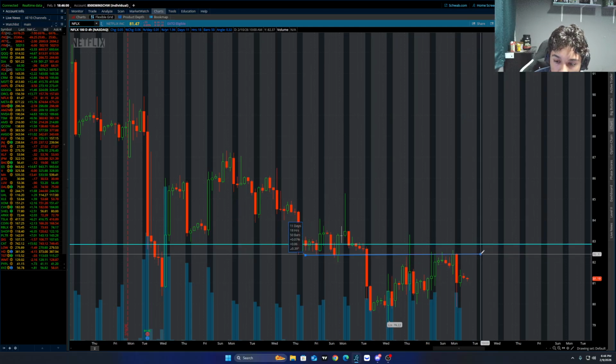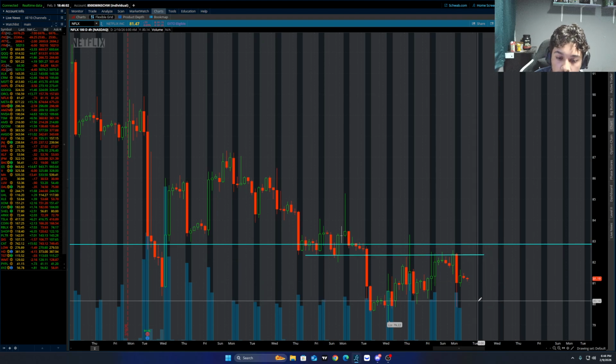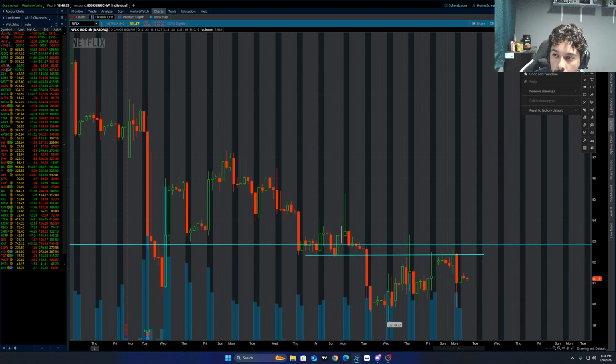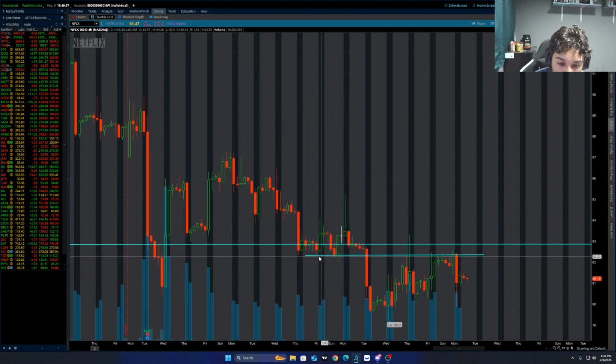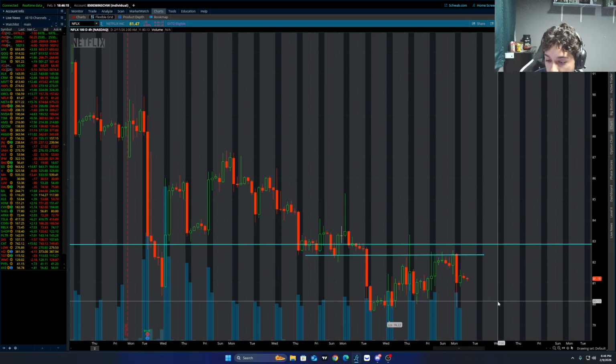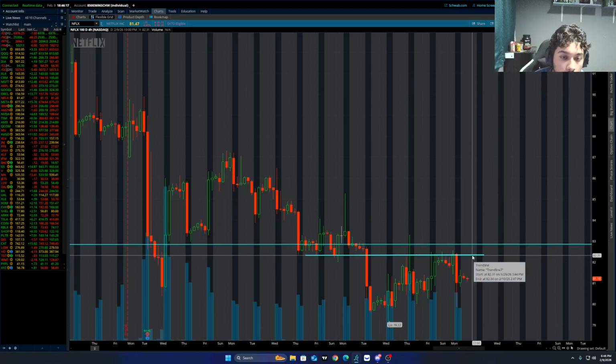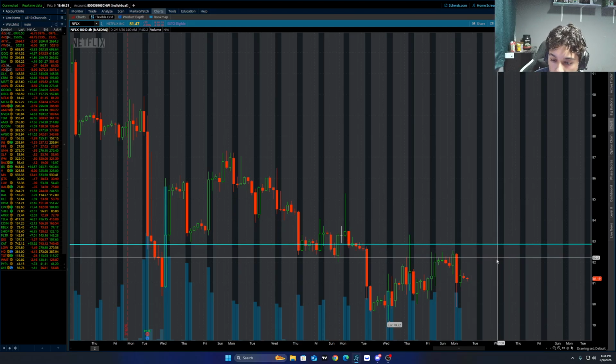Usually resistance is what I also see as old support turned resistance. So obviously this used to be support, now this turned into resistance. We dropped below and then we're trying to build pressure back. Today we rejected from previous support turned resistance.